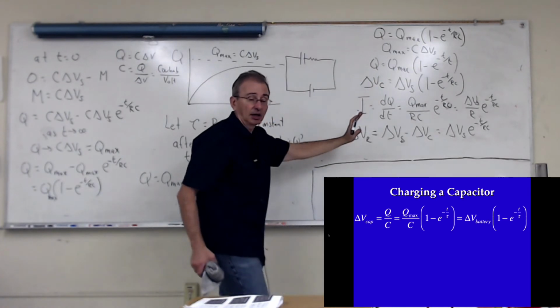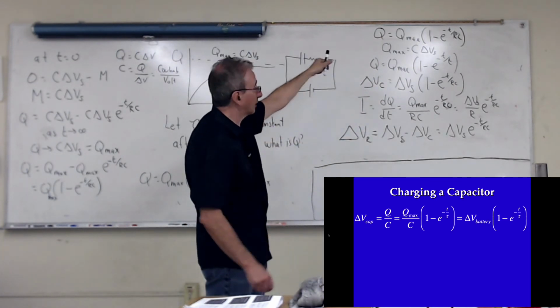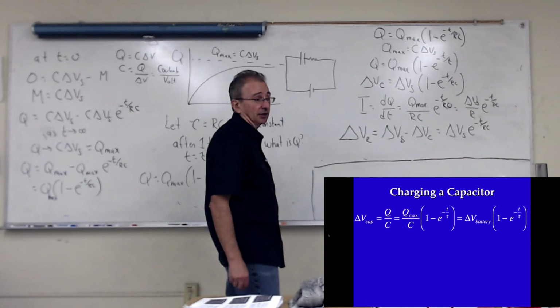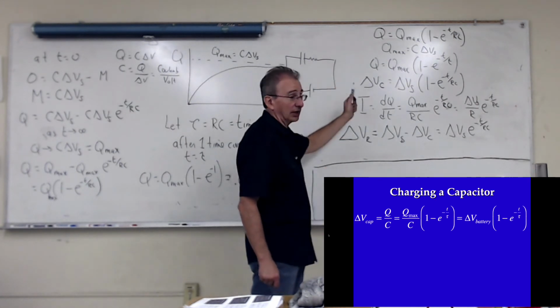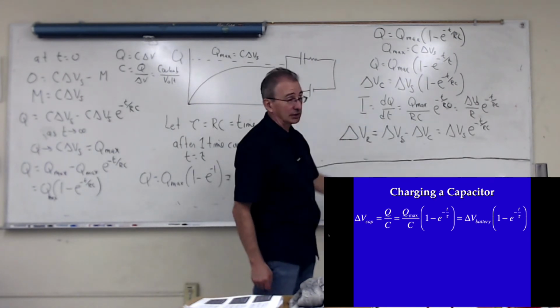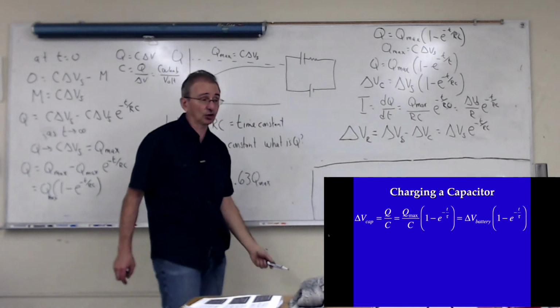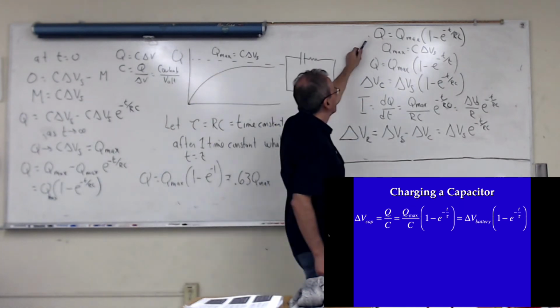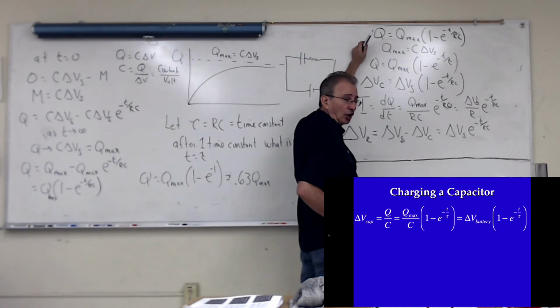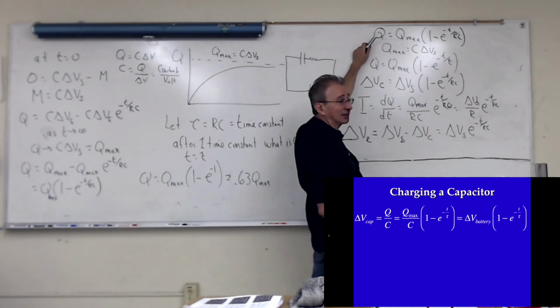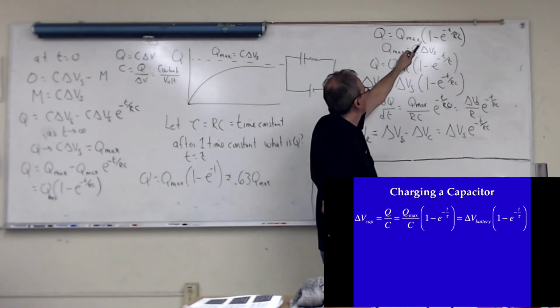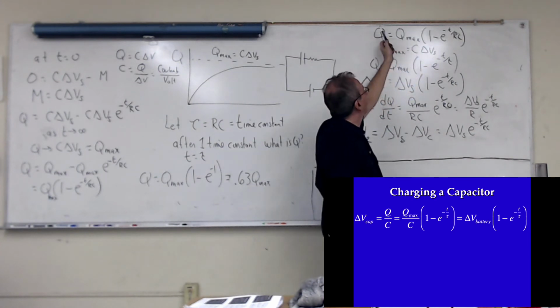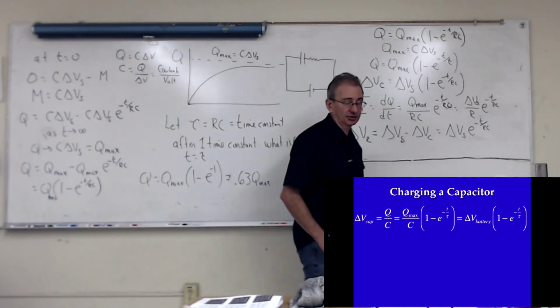So on the exam, I'm not going to have you derive that equation. You're going to need to understand really when that equation is used and when it isn't. If you look at the homework, you don't always need to use this equation. The only time you need to know this equation is if you need to know t or you need to know Q after some time has passed.